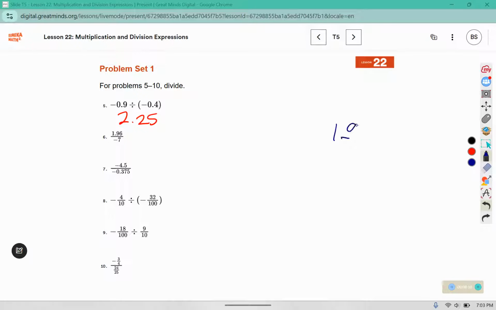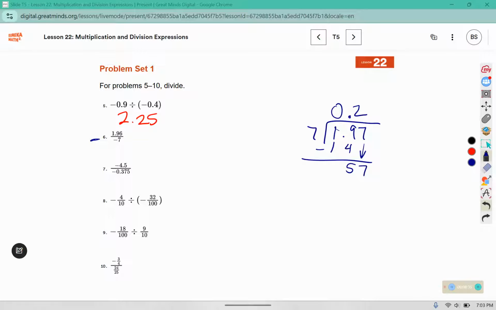Here I have 1.97 divided by a negative 7, so that's going to be a negative answer. 7 doesn't fit into 1, so we put a 0 there, but it does fit into 19 2 times. 2 sevens is 14. 19 minus 14 is 5.